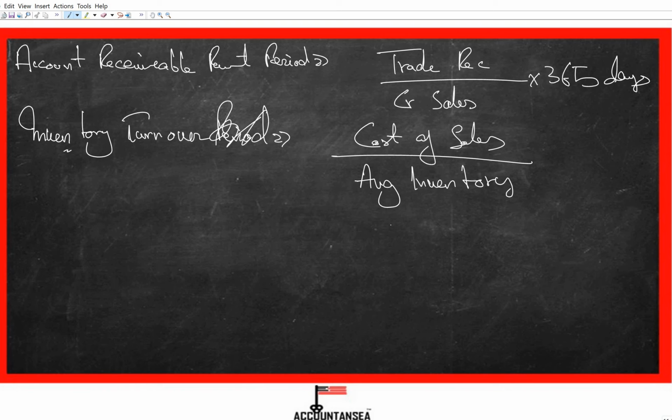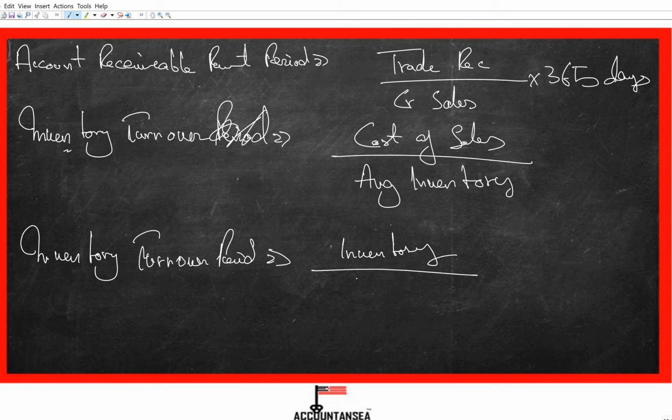The inventory turnover period can be computed by inventory divided by cost of sales multiplied by 365, and it helps us assess how many days it took us to convert our inventory into cash.